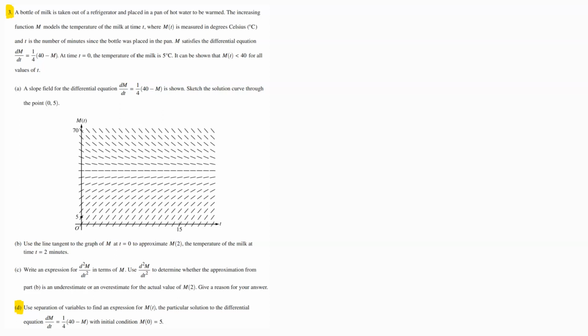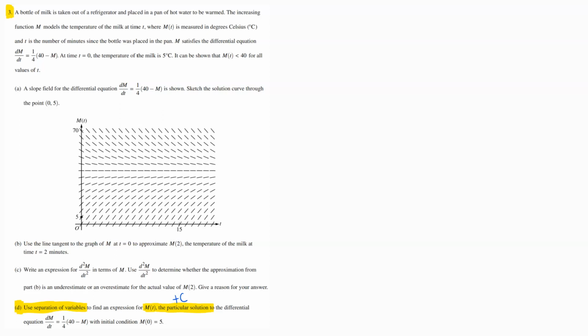So once you've taken your breath, now come back at it. We're looking at D right now. D is telling us, using the separation of variables, so it's telling us exactly what to do. They want us to find an expression for m of t, the particular solution, which, when they say that, is telling us that we're going to find our plus c value.